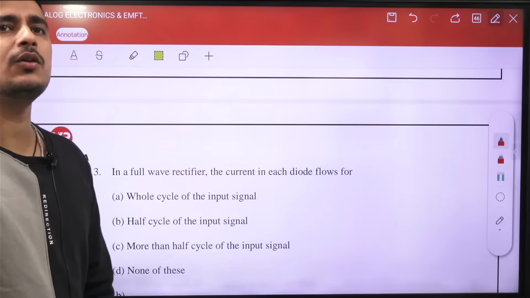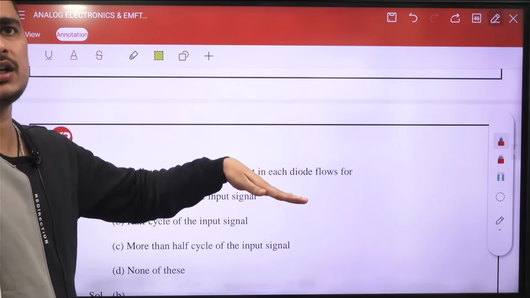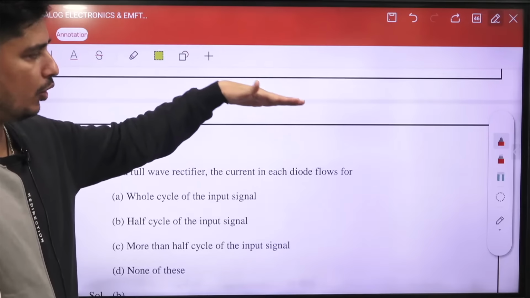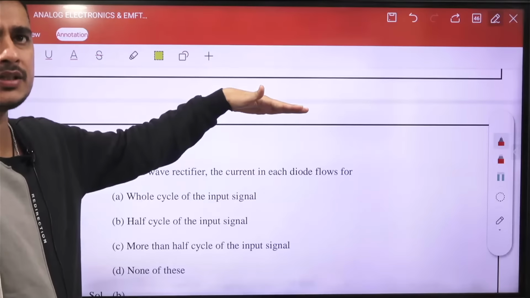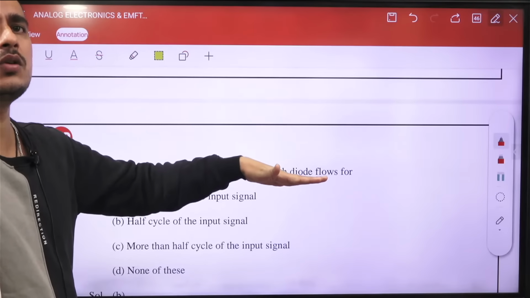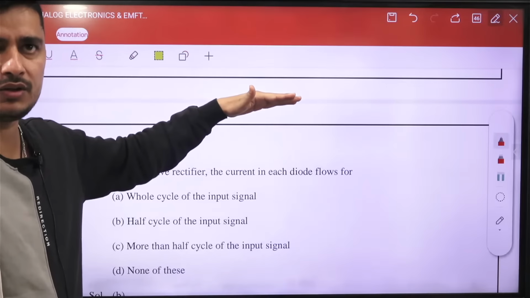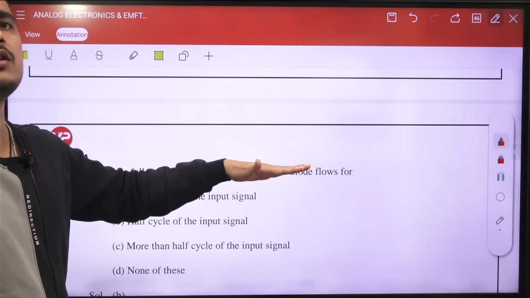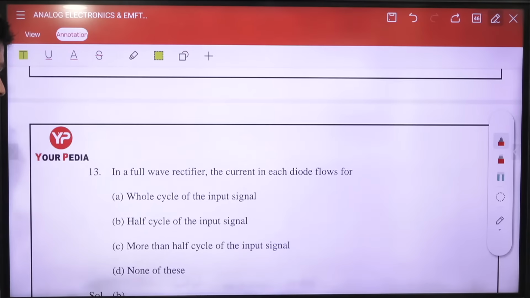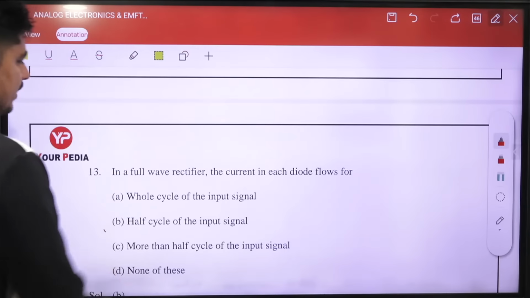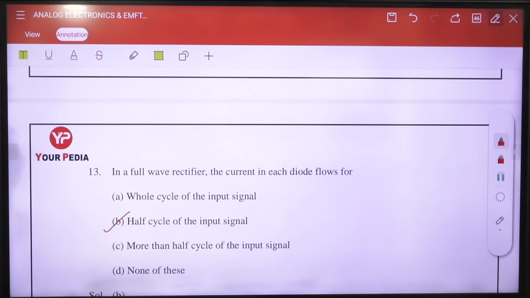If you take the center tap transformer, in the top diode the current will flow for half cycle, and the bottom one also flows for half cycle. So for each diode, the current flows for half cycle of the input.